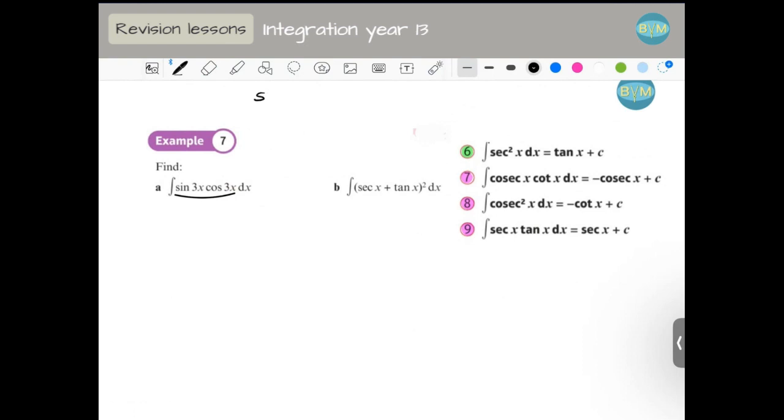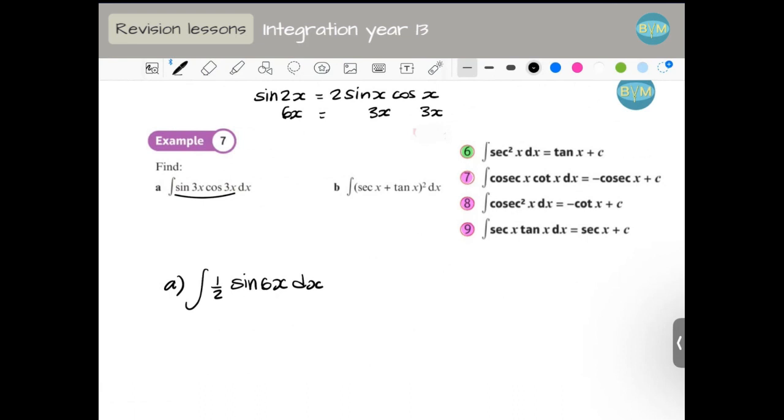If you think of the double angle formula, sine 2x is 2 sine x cos x, which means if I have here 3x, I will have here 6x. So 2 sine 3x cos 3x is this one, except for the 2. So I can write that sine 3x cos 3x is 1/2 of sine 6x.